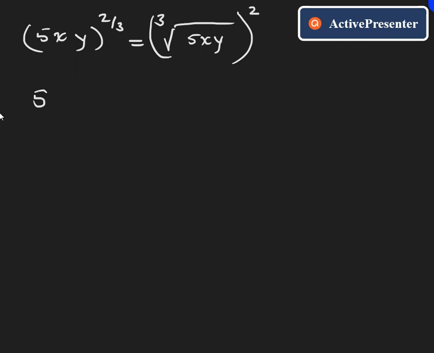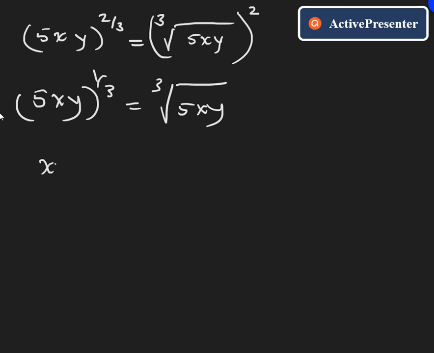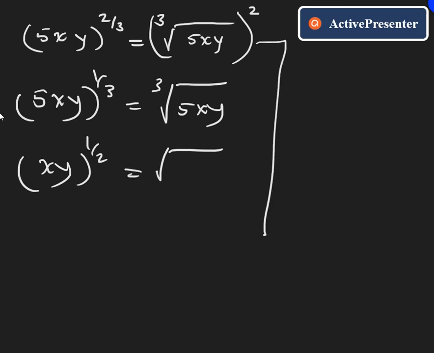If this question came as 5xy all to the power 1 over 3, you know it is the third root of 5xy. If it came as xy to the power half, it is the square root, of course the index 2, but we are not going to write it. So decompose this: 5xy to the power 2 over 3 equals, let's say, the cubic root of 5xy.